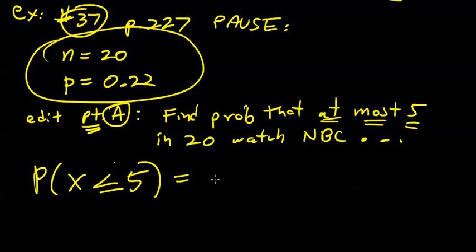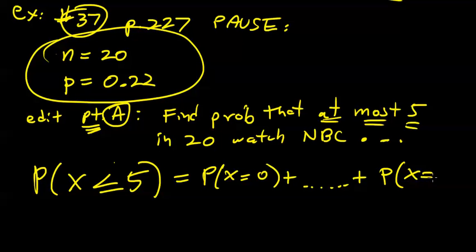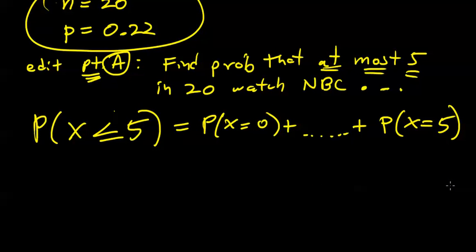Now, of course, if you desire, you can add up all the 6 cases of x using your binomial PDF command. Right? You'll have to punch out the 0 case, the 1 case, the 2 case, 3 case, 4 case, 5 case. You'll have to iterate that binomial PDF formula 6 times, from 0 to 5, right?